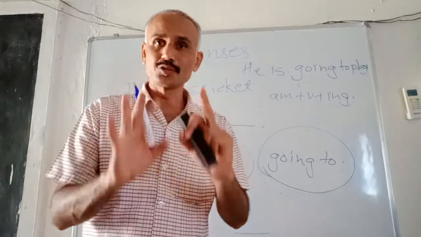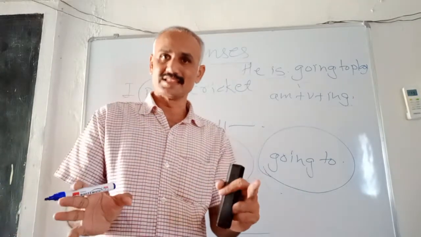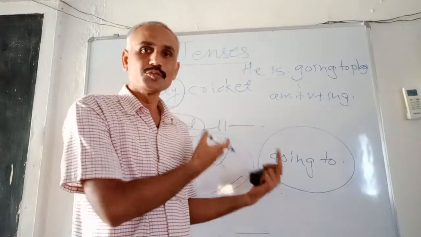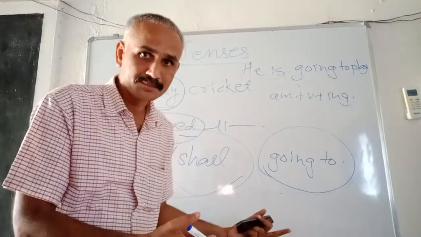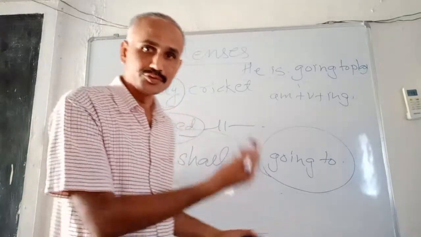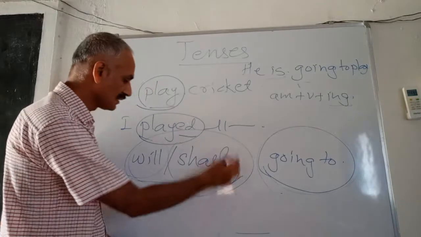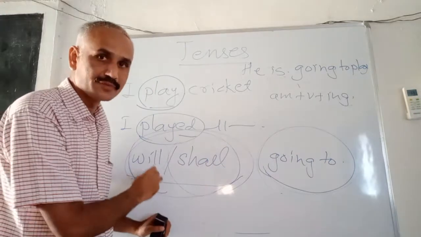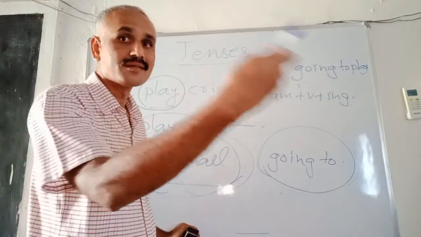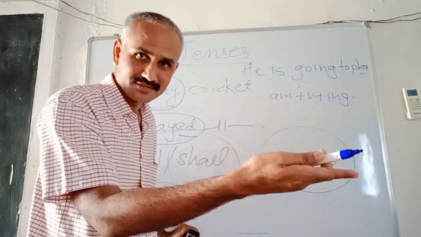It might be shocking to all of you, but it is a reality. And the cause behind all this is that there is no future form of verb. In order to convert the sentence into future, you have to use the modal auxiliaries will or shall. So you can indicate the future tense.